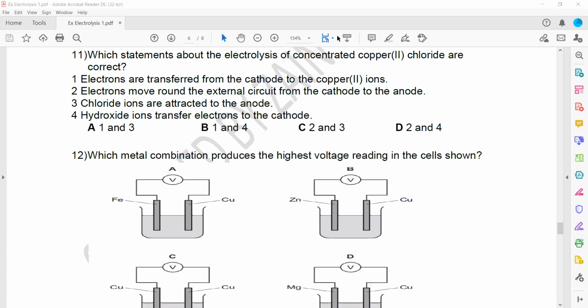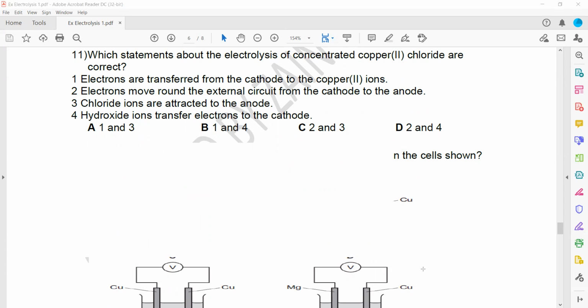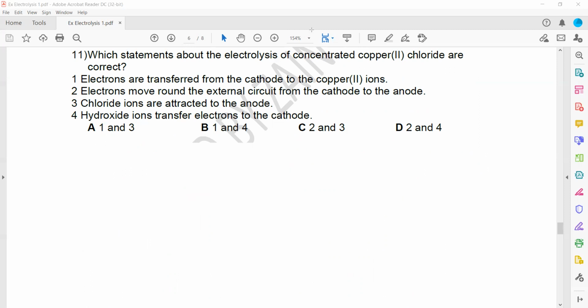Which statement about electrolysis of concentrated copper(II) chloride is correct? So when we are doing the electrolysis of the concentrated copper(II) chloride solution, we have the electrodes made up of graphite or platinum.